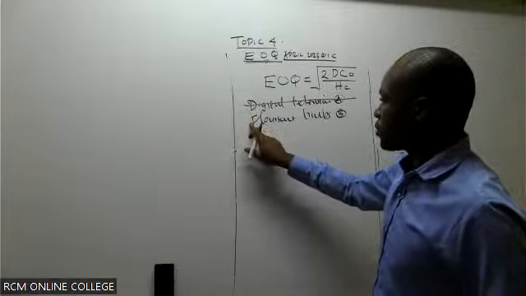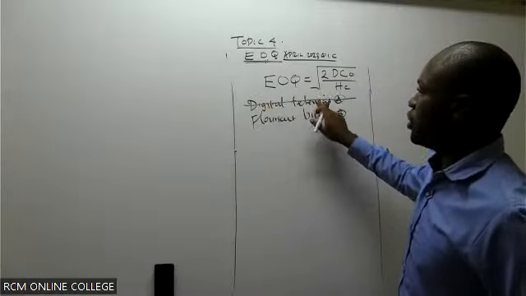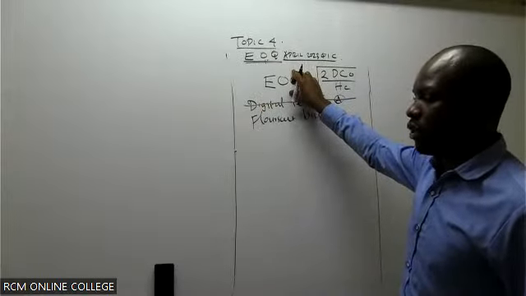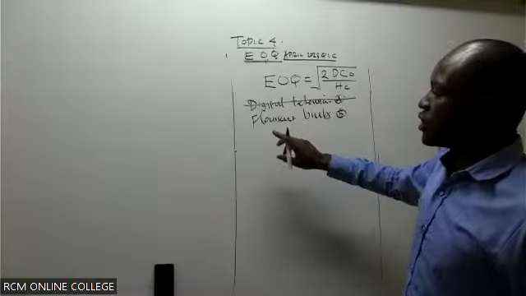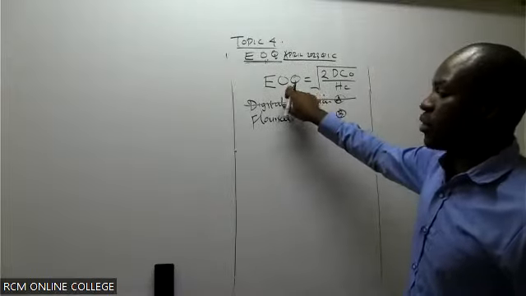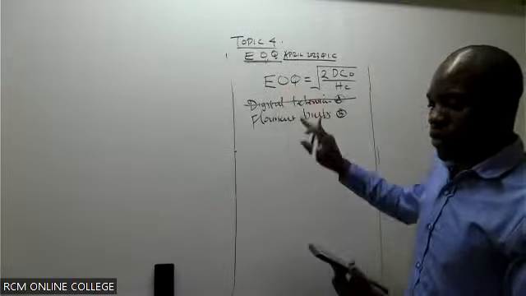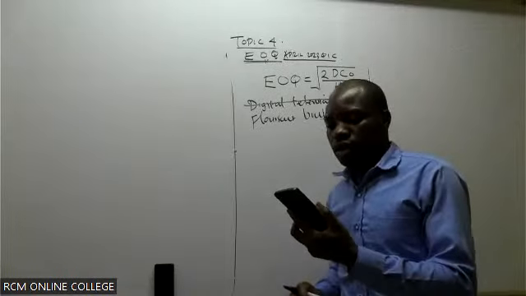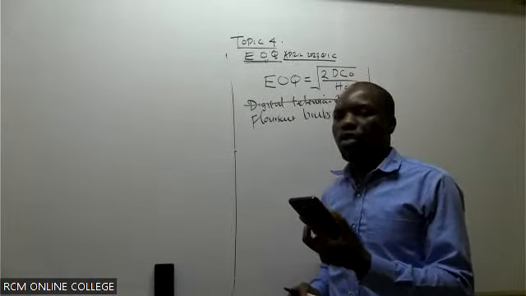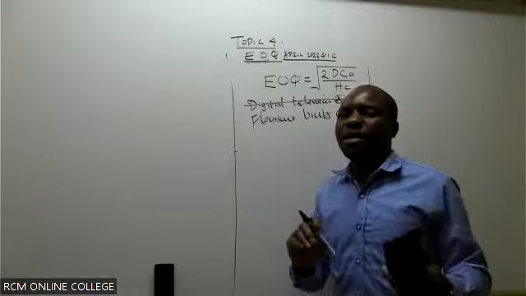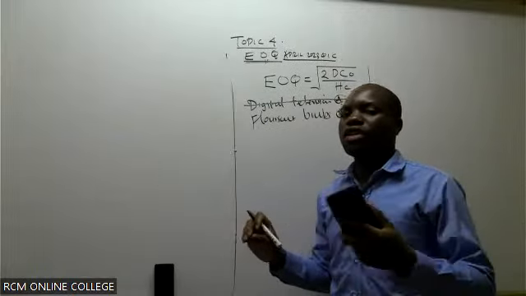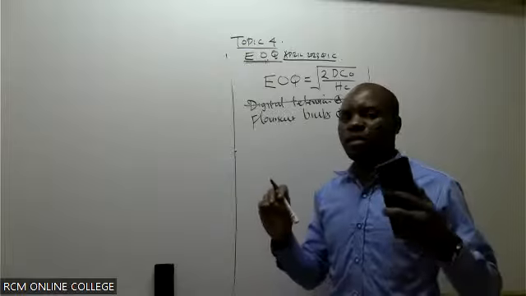Some people used digital television to come up with economic order quantity. Others used fluorescent bulbs. Look at what they want you to do. Determine the economic order quantity of bulbs. It is the bulbs that they are going to order, not the television. Television is their product.